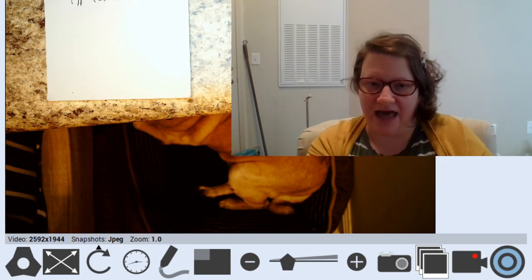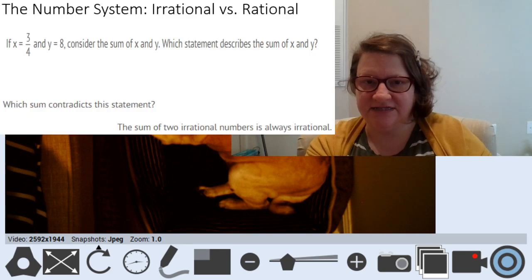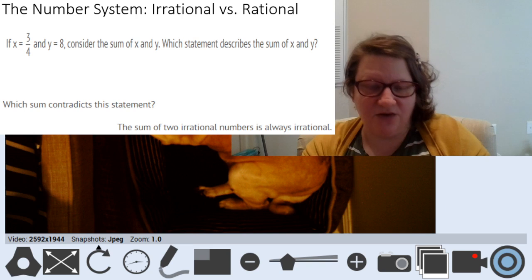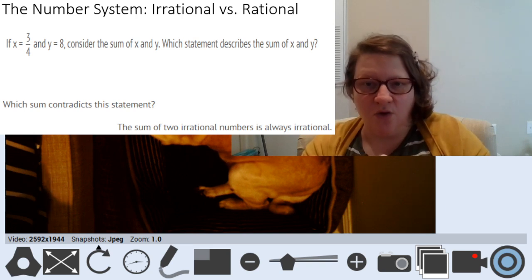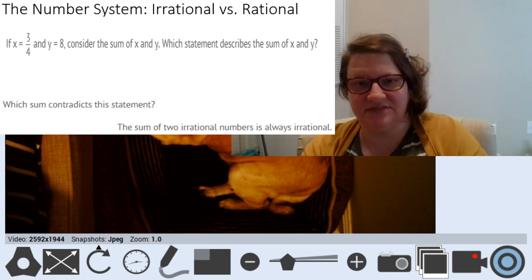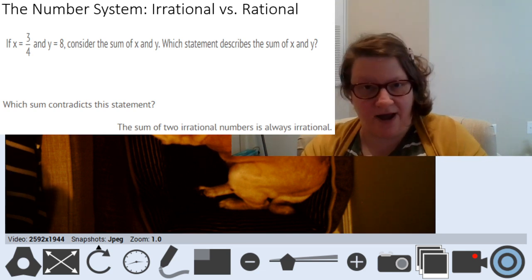Let's take a look at a question similar to this. If x equals 3/4 and y equals 8, consider the sum of x and y. Which statement describes the sum of x and y?